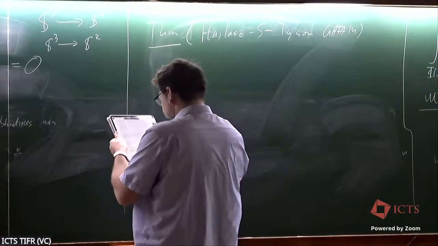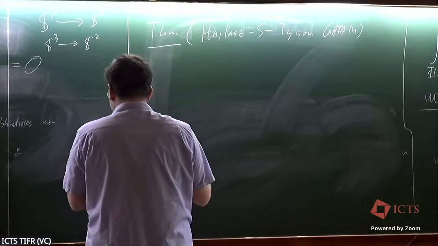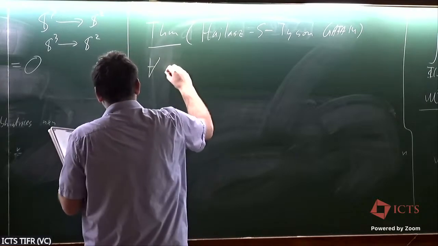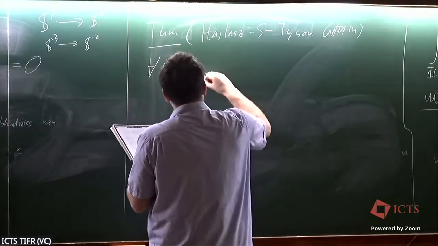So here's the statement. For any n larger or equal to 2, you will see the numerology and you will know what it is.